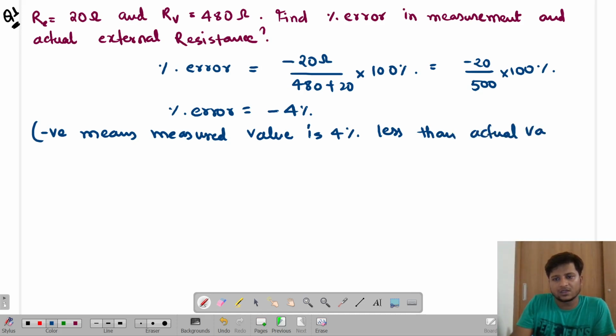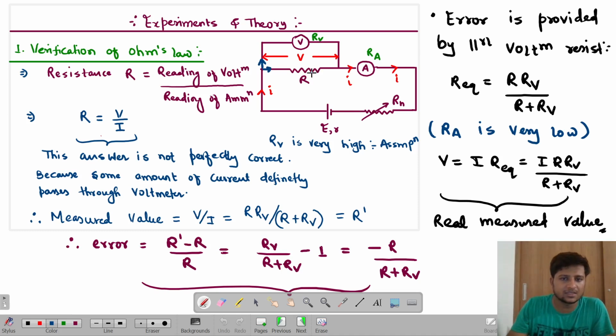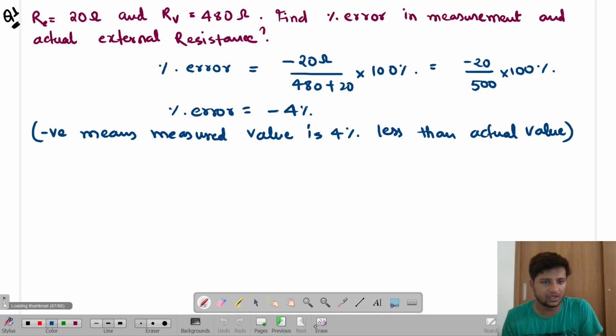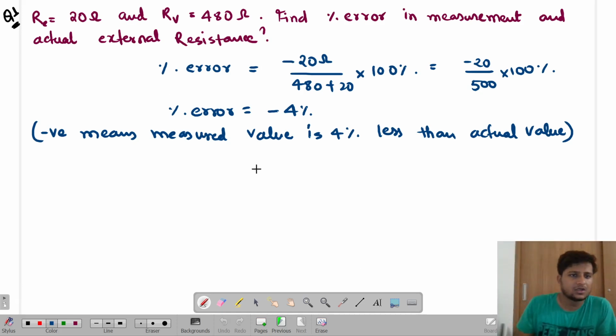Whenever there is a parallel connection, the net external resistance will decrease, right? Yes. So if we have a negative error, it means that my measured value is less than the actual value. Are you able to get it? So the actual external resistance will be this only, but the measured external resistance will be how much?